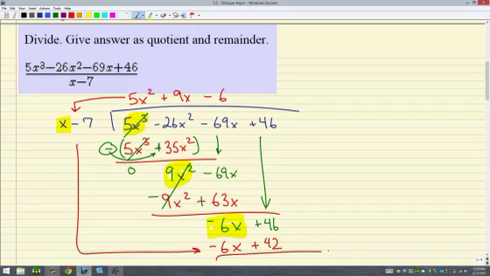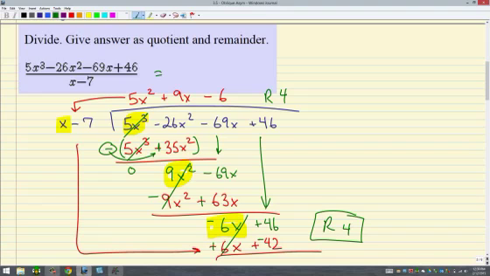And now we want to subtract these, and you can do the sign change thing. So change the sign, change the sign. These cancel, and you're left with a positive 4. And that's your remainder. You have a remainder of 4. So the answer to this, when you divide these out, is 5x squared plus 9x minus 6 with a remainder of 4.